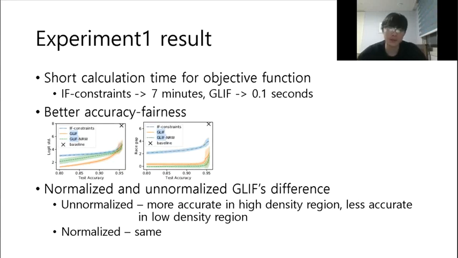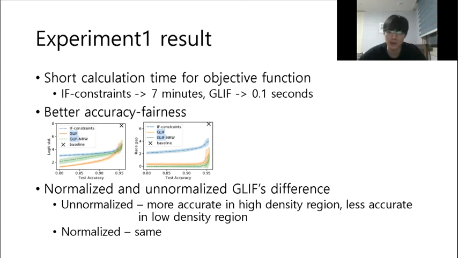The result of experiment 1 is, first, to calculate the objective function, IF constraints need 7 minutes while GRIF needs only 0.1 seconds. Second, GRIF always has lower standard deviation of sentiment by name, which means it is more individually fair for the same accuracy. Also, it has a smaller race gap between Caucasian and African American groups.